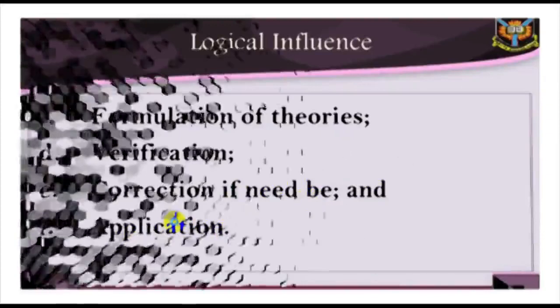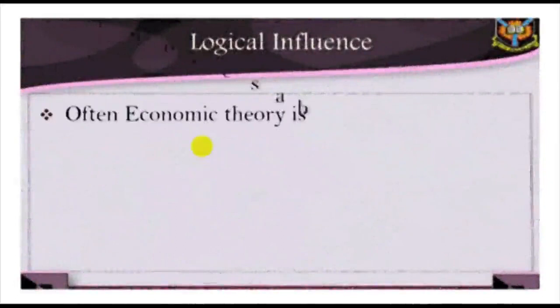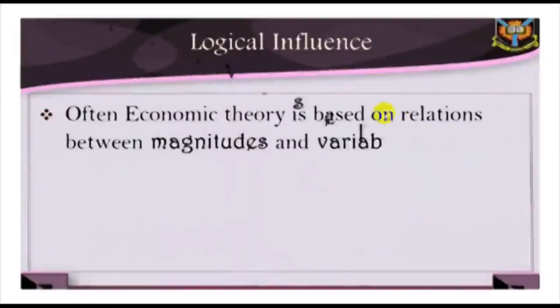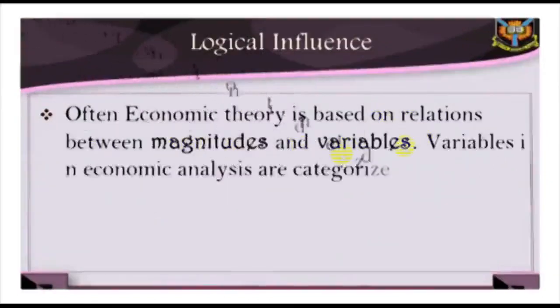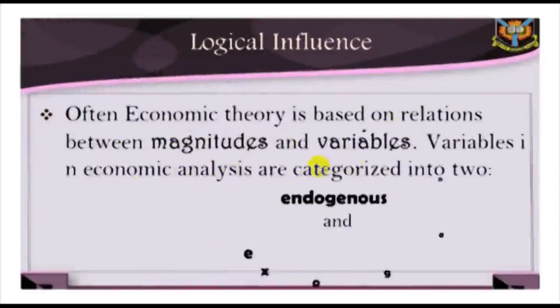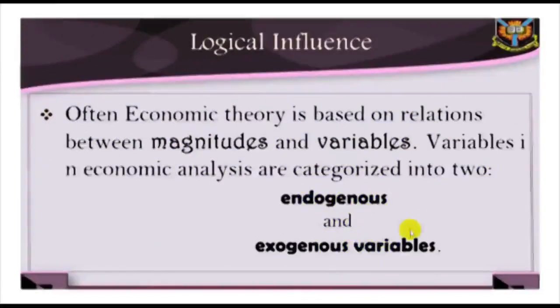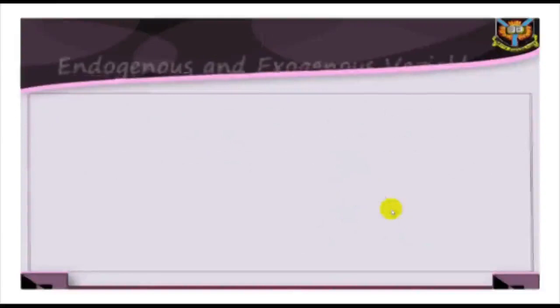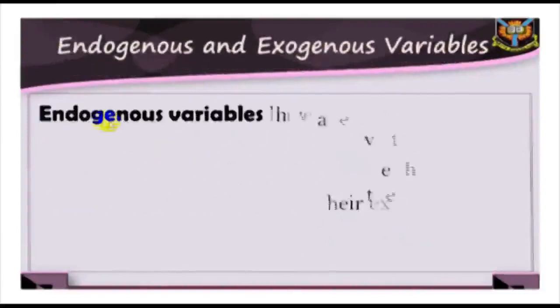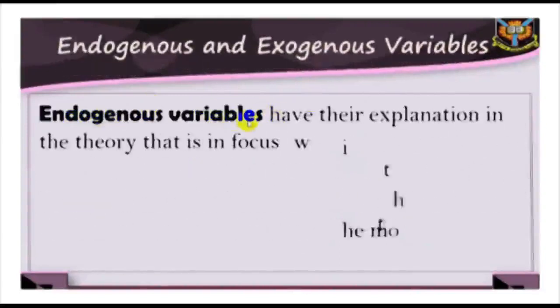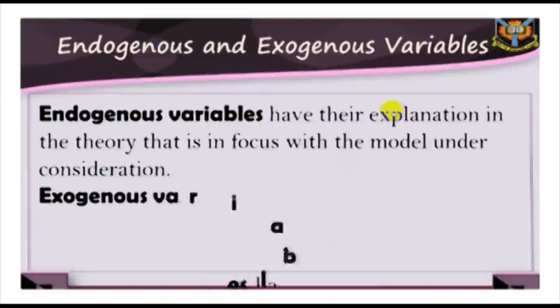Often, economic theory is based on relations between magnitudes and variables. Variables in economic analysis are categorized into 2, endogenous and exogenous variables. Endogenous variables are the ones which have their explanations in the theory that is in focus.